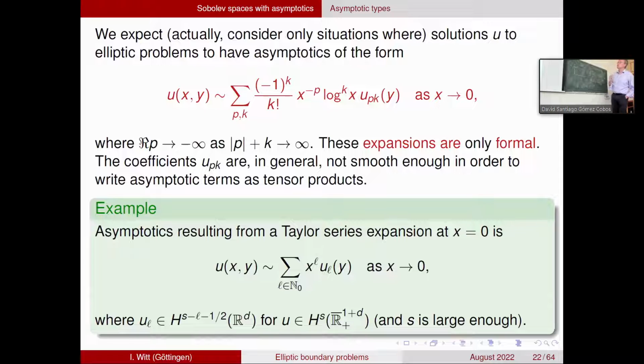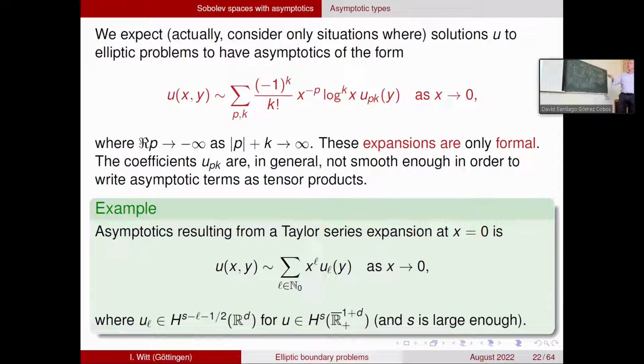That is another point. This asymptotic term is only a formal asymptotic expansion. We cannot write it that way because in general the coefficients are not smooth enough. If you take the first coefficient here, which is in H^(s minus 1/2), and you form the product, the x to the L is fine, it's smooth, but your function will only be in H^(s minus 1/2), not in H^s.